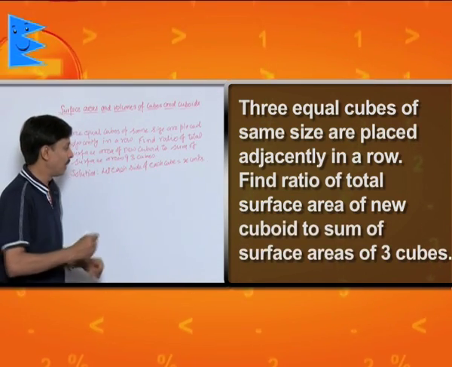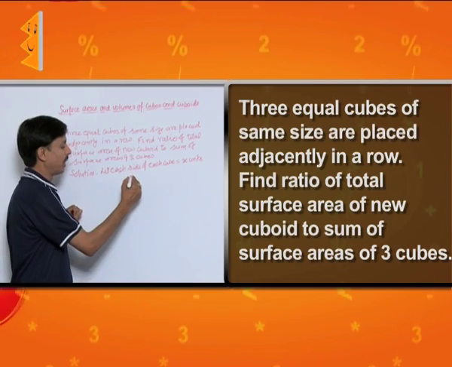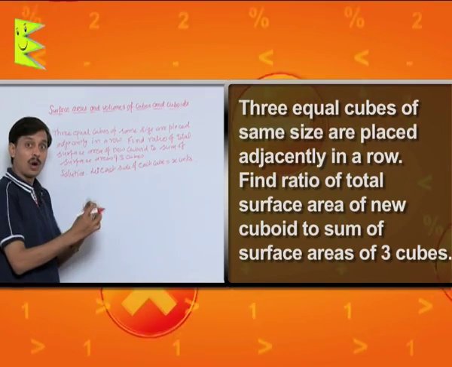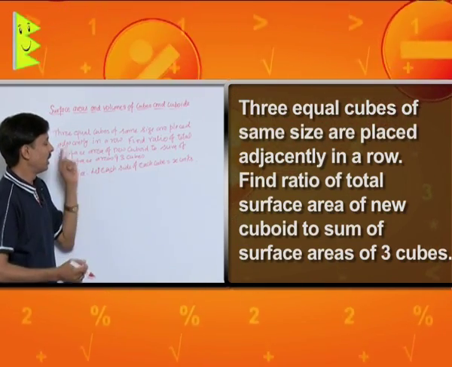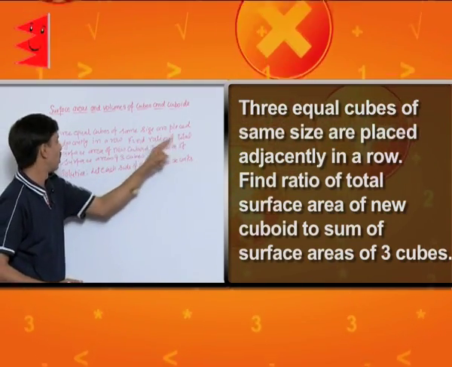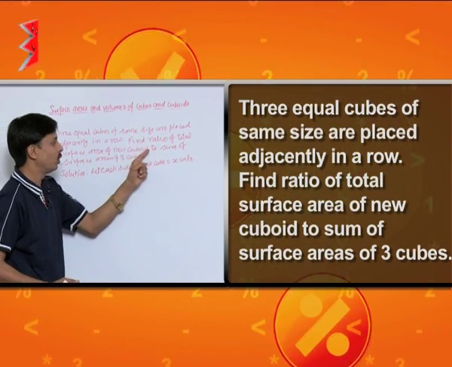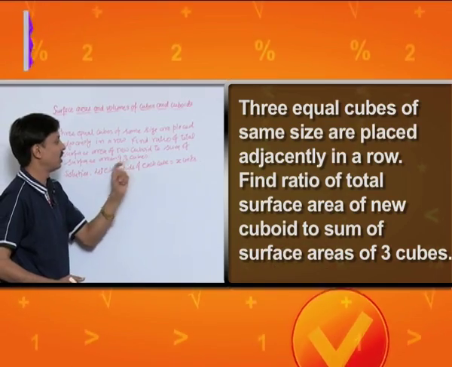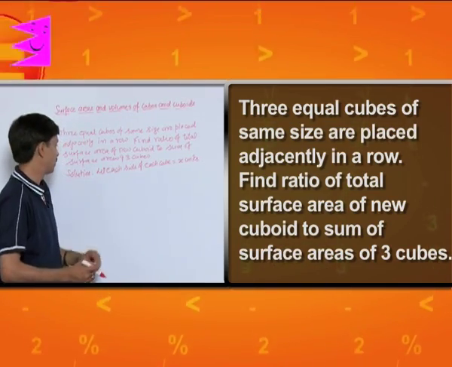If I place three cubes in a row, then what will form? A cuboid will form. Then they are asking to find the ratio of the total surface area of the new cuboid to the sum of the surface areas of three cubes.